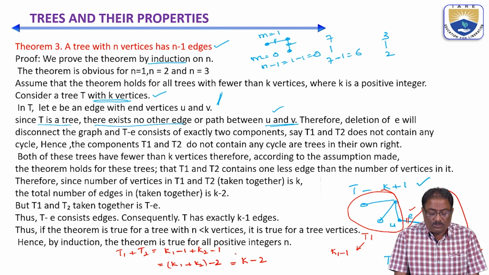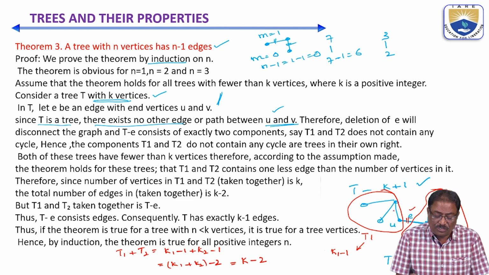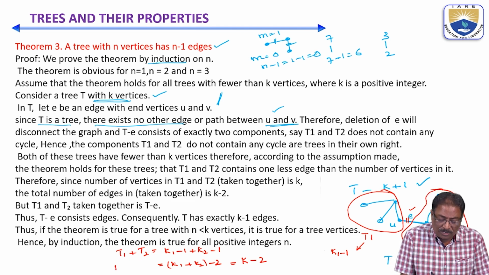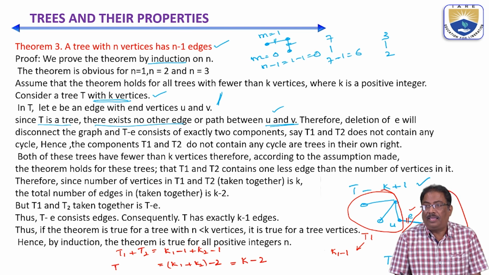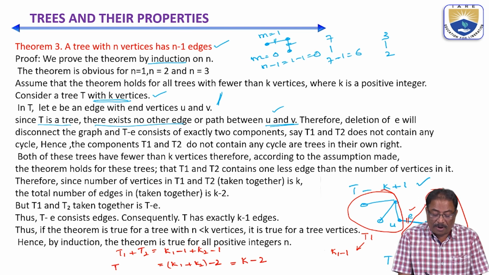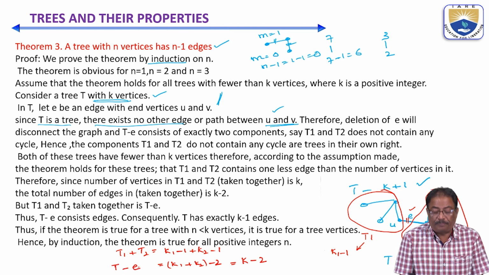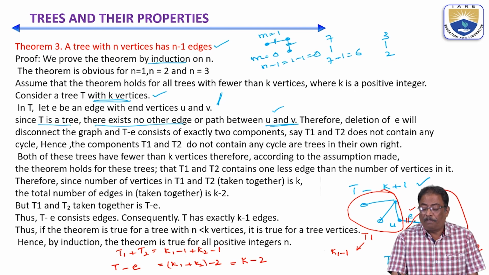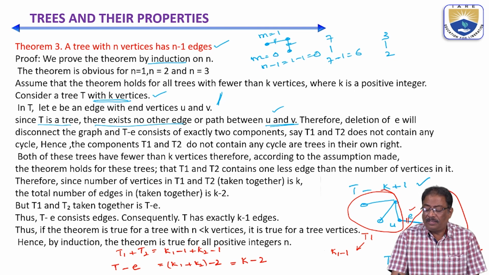Now what is this? T1 plus T2 is nothing but the given tree minus the one edge I removed. T1 plus T2 is nothing but the number of edges in T minus E.